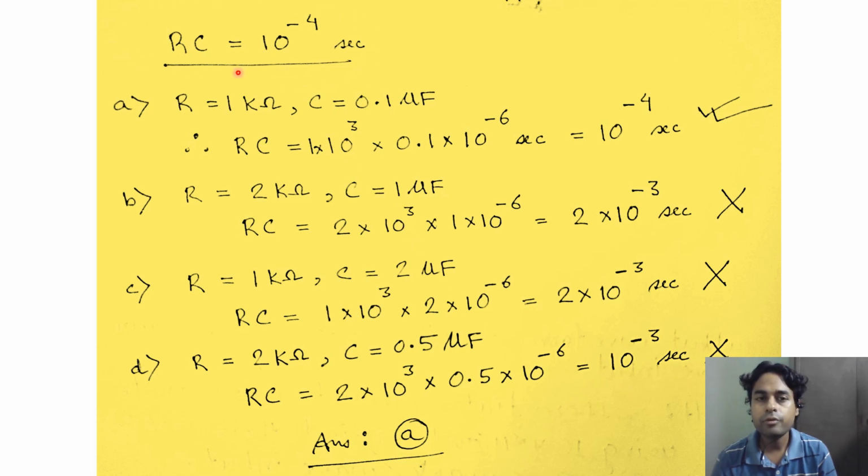So there is only one correct solution to this question, and that is option A, where R should be 1 kilo ohm and C should be 0.1 microfarad.